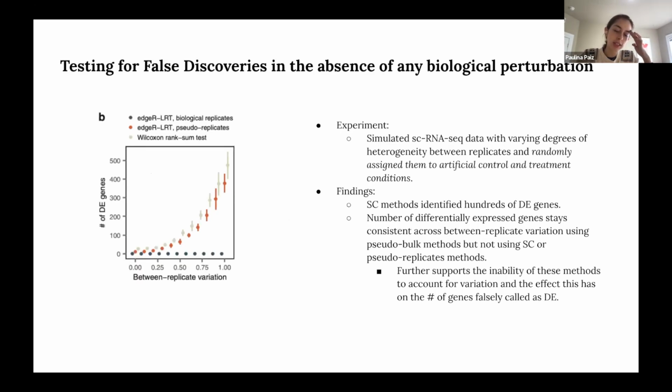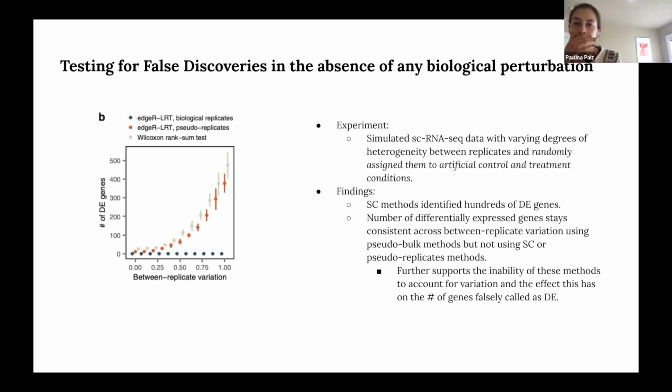So since they were looking at experiments where there were biological perturbations, they wanted to take it even one step further and ask whether these methods would find false discoveries, even in the absence of any biological perturbation.